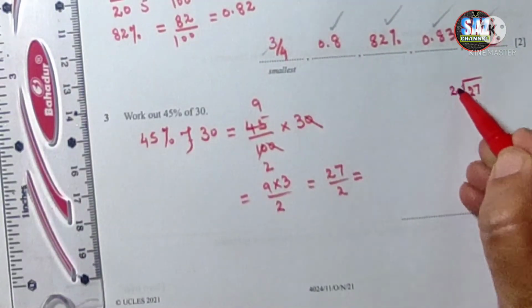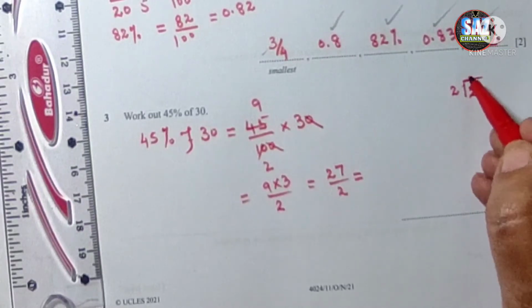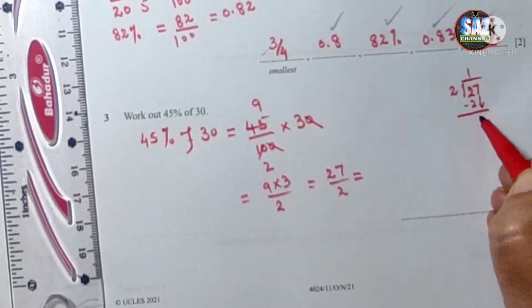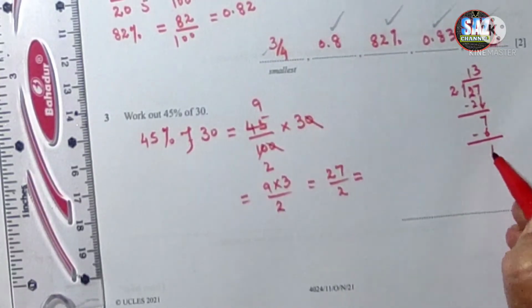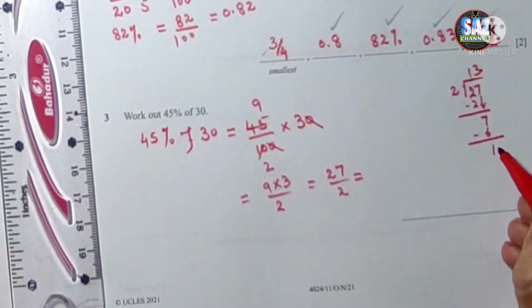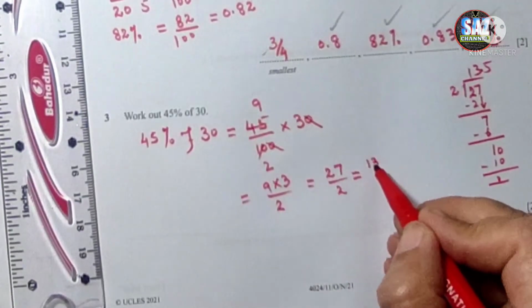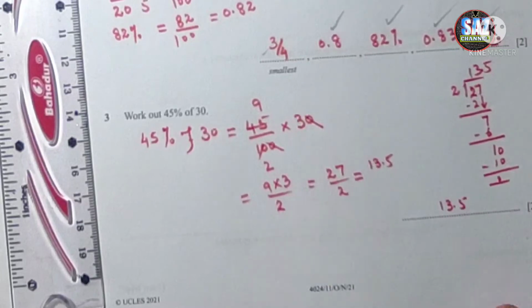I have to divide it like in our junior classes. 2 1s are 2, bring 7 down, 2 3s are 6, 1, and then I put the decimal and 0, and 2 5s are 10, and this will become 13.5, and I have to fill up the answer space as well, 13.5.